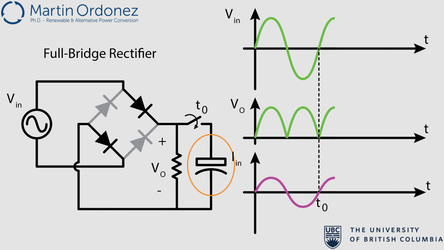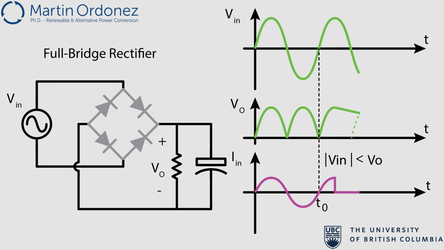Now, if we add a capacitor at the output of the circuit, the output capacitor voltage is charged up to the peak value of the input voltage. When the input voltage passes the peak value, the output capacitor tries to hold the voltage at its maximum value. During this time, since the output voltage is higher than the input voltage absolute value, all the diodes are off.